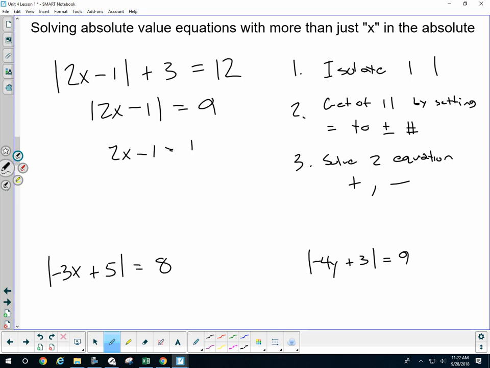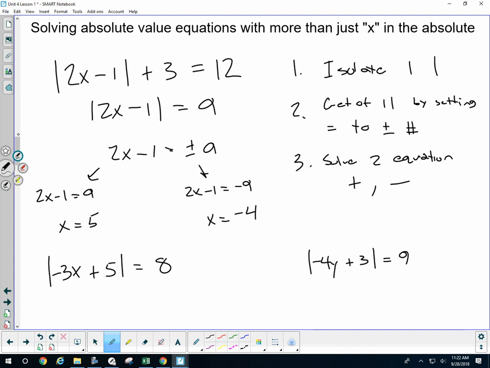And that would give me the correct answer. From that, I developed two equations. One where I have the 2x minus 1, the stuff inside, equal to the positive 9, and the other one where 2x minus 1 is equal to the negative 9. Add 1, divide by 2. Okay?